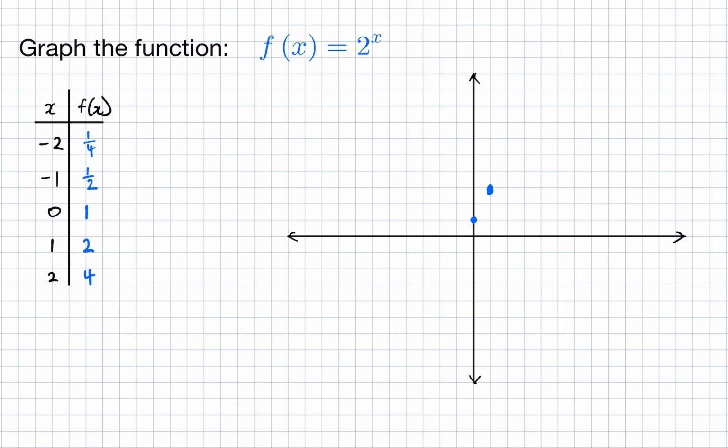And I probably should label these axes. 2, 4, 6, -2, -4, -6, and -2, -4, -6. Okay, and this is my y-axis, this is my x-axis.